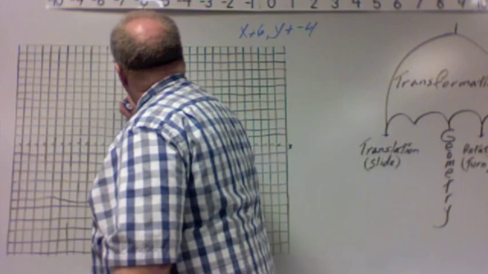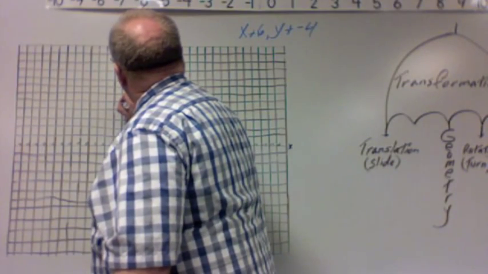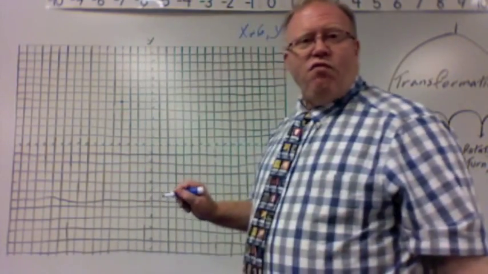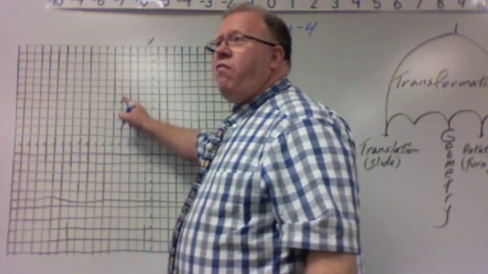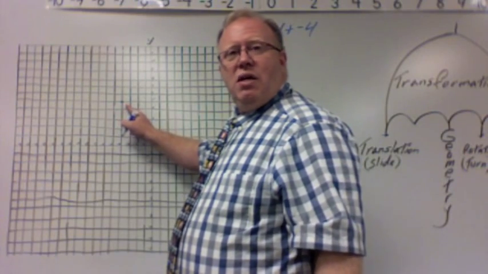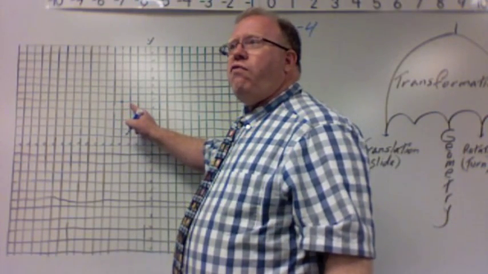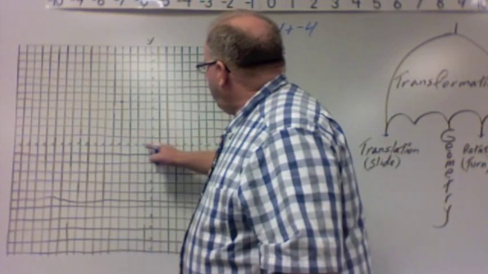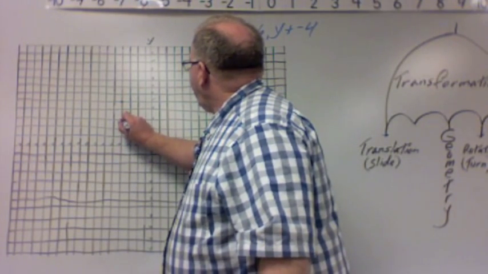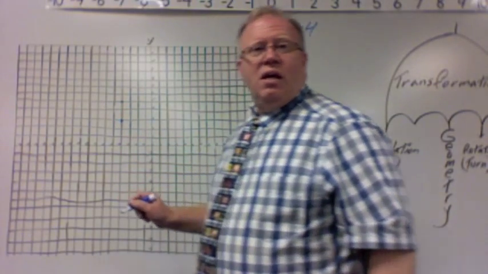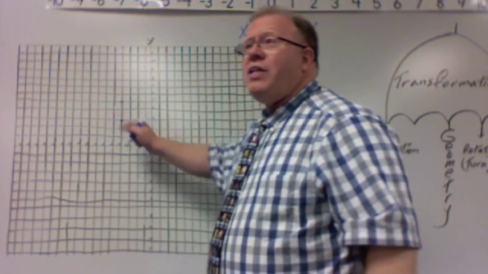So here we go. Remember, we always start with the x-axis first. So -4 right there and up to 5. There's our first point. Now we're going to go to -4 and 3. So -4 and up to 3. Here's our next point. Okay, now we've got 2 points there.